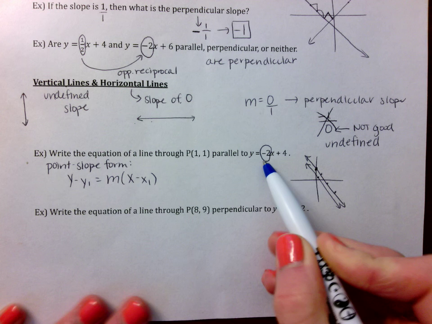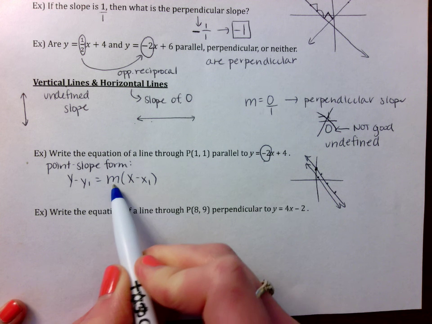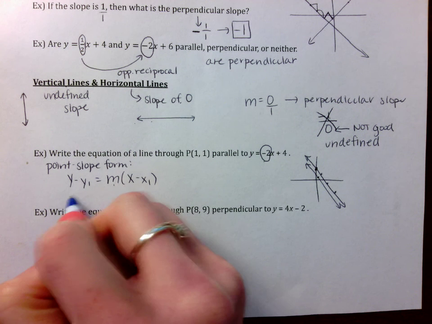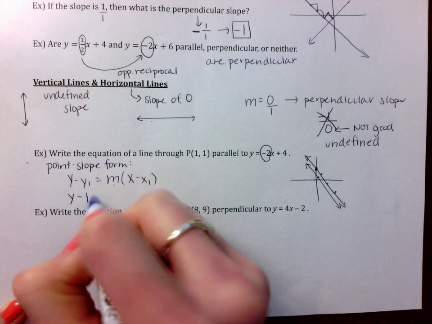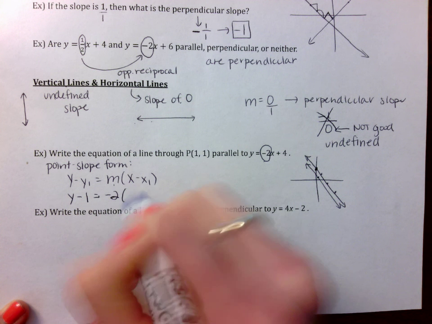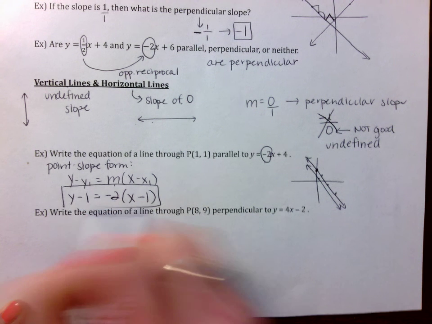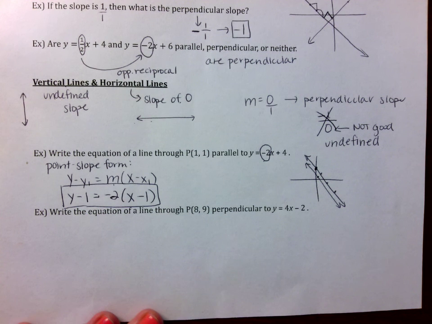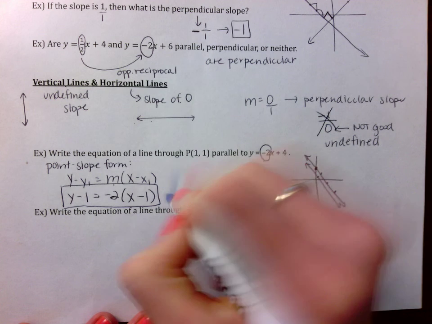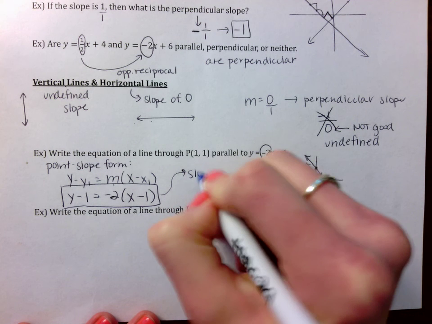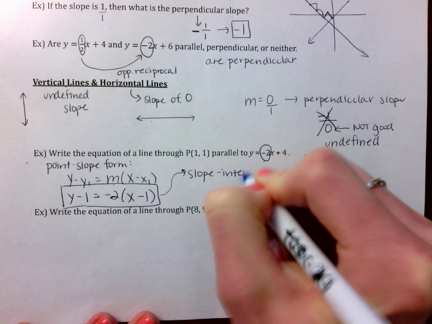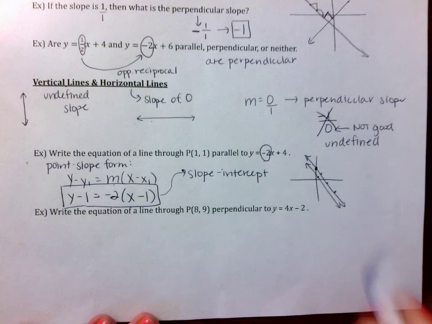We just plug in here, so negative 2 is going to go in for our slope because it's parallel. We get y minus 1 equals negative 2(x minus 1). And that is perfectly acceptable to answer with that equation. If you really wanted to, you could convert it to slope-intercept, but since we're not graphing it, it's really not necessary.